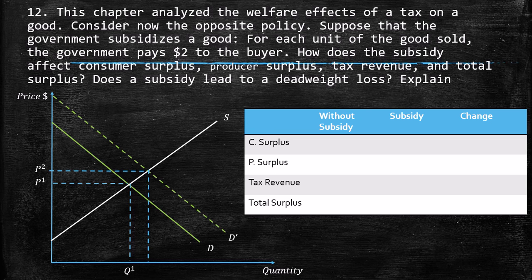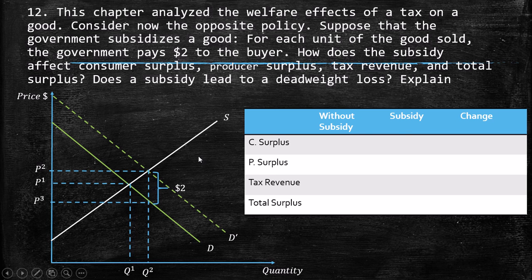Now how we can analyze this is interesting, because this size is going to be the subsidized $2. So it means that the consumers now have to pay P3 instead of P1, and the producers will receive P2 instead of P1.